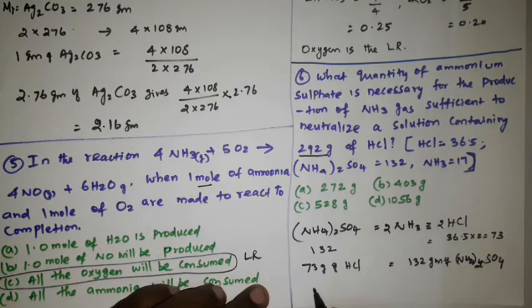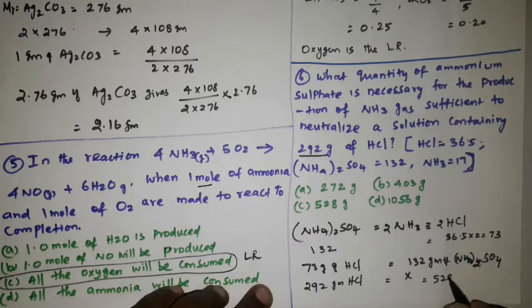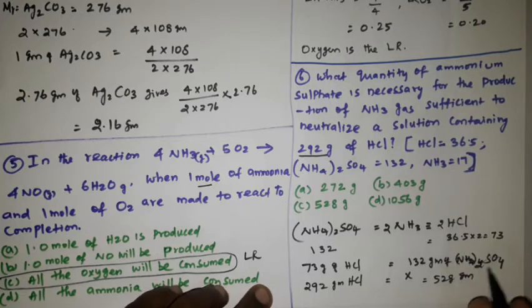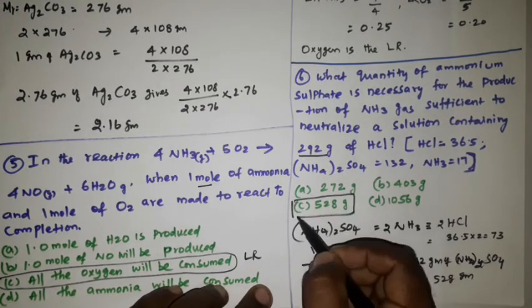So 292 grams of HCl requires how much? Keep X and make the cross multiplication. You will get the answer 528 grams. You check and work it out. So option C is the right answer.